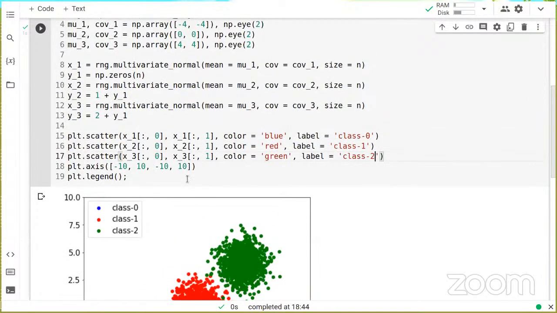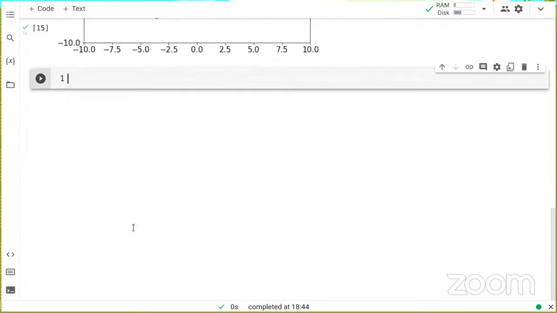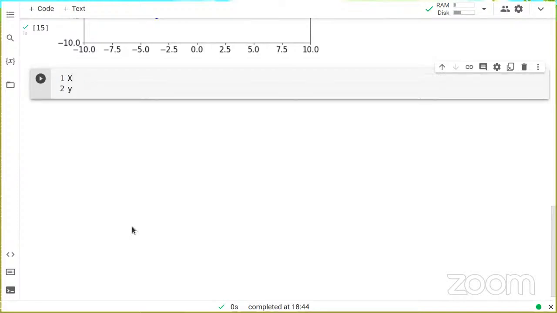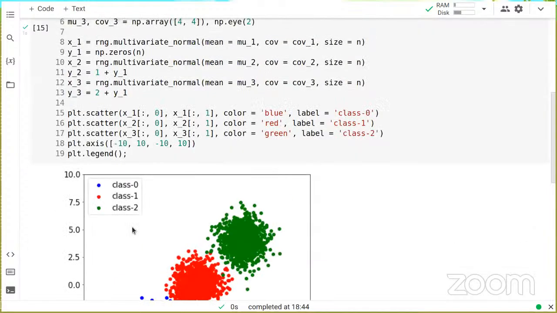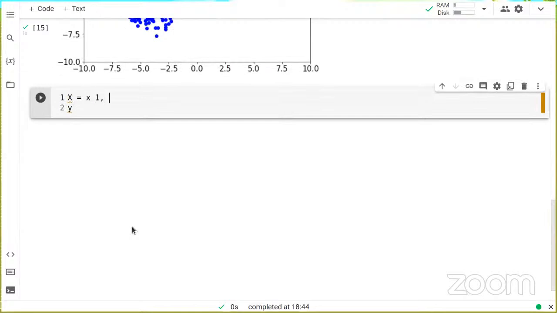Now again, someone please fill this up for me. I need to create a data matrix, a feature matrix X and a label vector. Can someone tell me how do I get hold of a feature matrix given x1, x2, and x3?